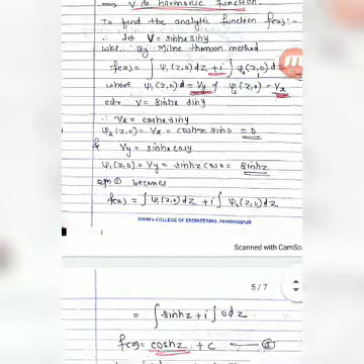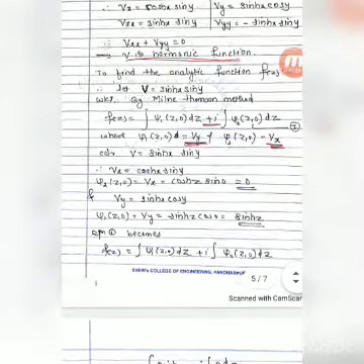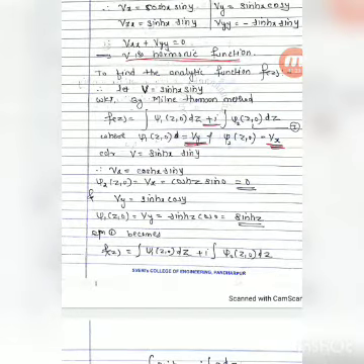Second part of the problem, to find the analytic function f of z. Let v is equal to sinh x sin y. We know that by Milne-Thomson method, f of z is equal to integration of psi1 of z,0 dz plus i times integration of psi2 of z,0 dz. Now in the formula we have just made a simple change, that is instead of phi we have used psi, because for v we have to use psi notation, and for u we have to use phi in the formula.